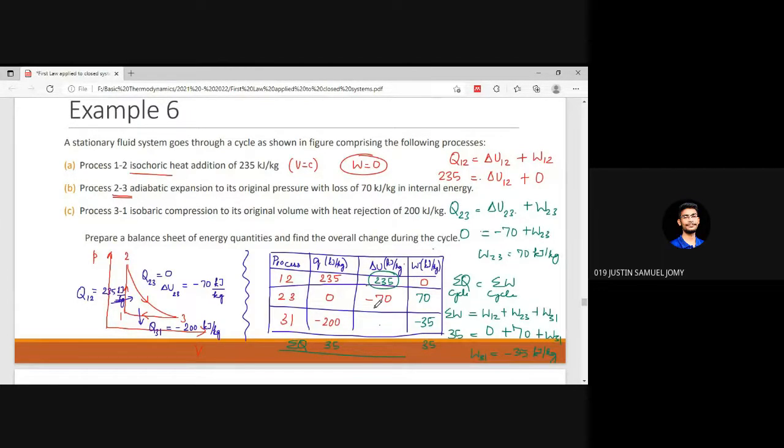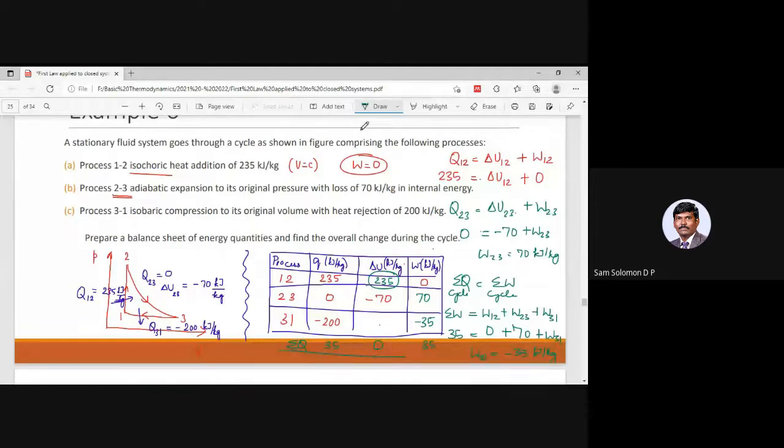Sir, one is first law, sir, Q is equal to delta U plus W. The second one is, sir, summation of all internal energy is equal to 0, sir. That's it. I asked this in the last class. That is why I'm asking you. Yes, sir. Still you are struggling. You should be confident.